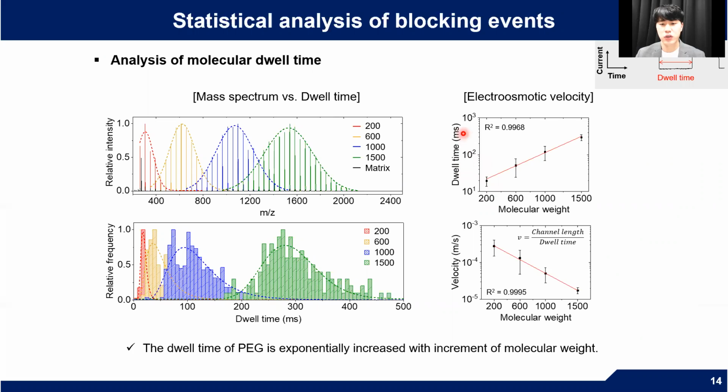We found that the dwell time exponentially increased as molecular weight increased. The linear regression was highly matched with our data points. And from the dwell time data, we can easily calculate the electroosmotic velocity of the molecules by using this formula.